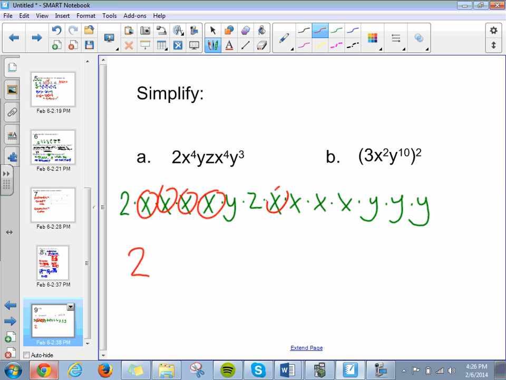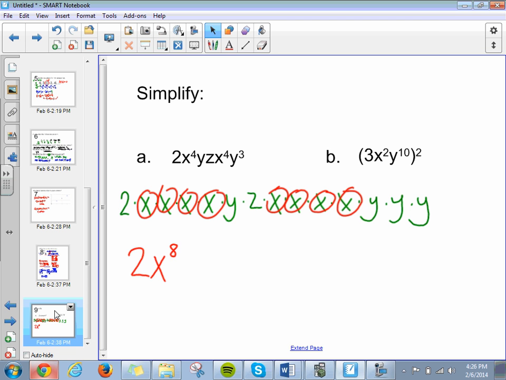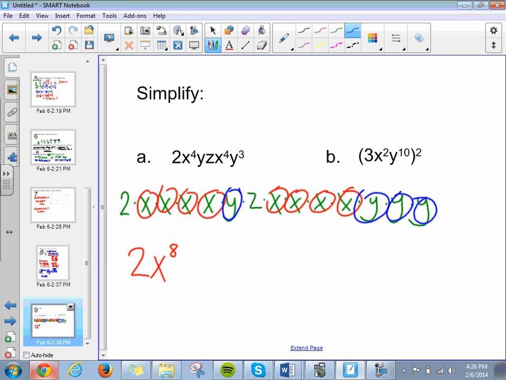So the 2 comes down, it doesn't really combine with anything, there's no other numbers in there. And then let's see, we've got 1, 2, 3, 4, 5, 6, 7, 8 x's. So this is 2x to the 8th. And then we want to count up our y's. So we've got 1, 2, 3, 4. So that's times y to the 4th and z.